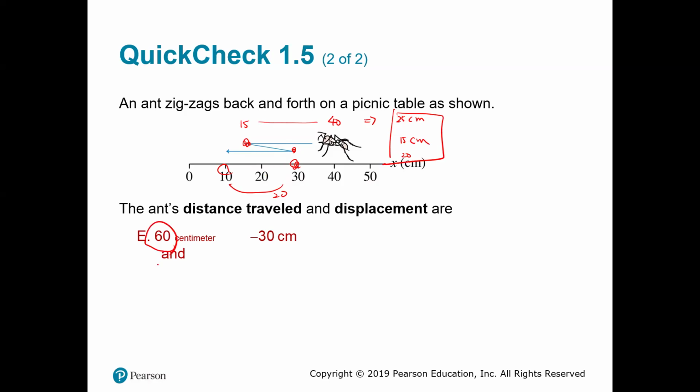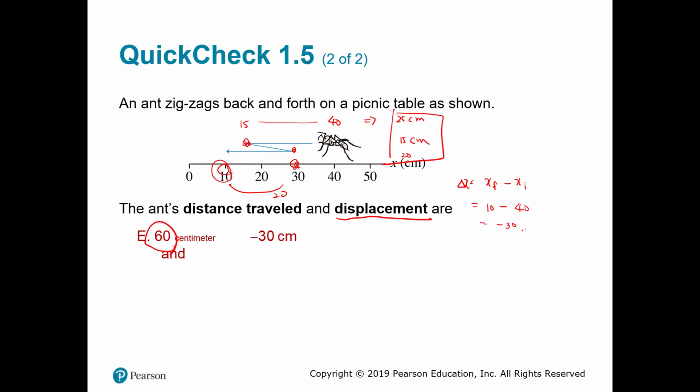But displacement, again, is a very important concept. Displacement, delta x, is x final minus x initial. What is x final? 10. X initial, 40. So displacement is minus 30. What more can you tell me about displacement?